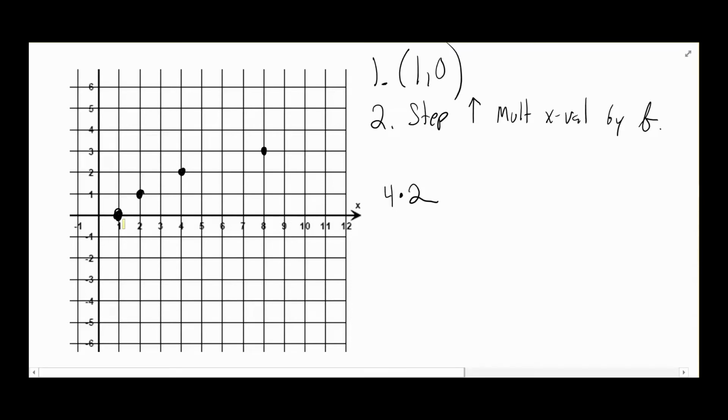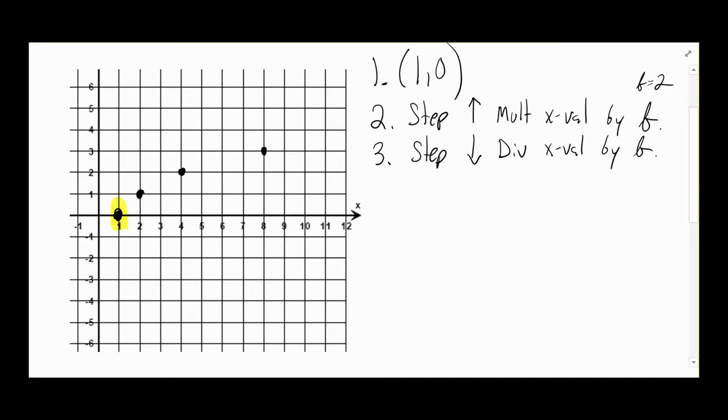But let's come back over here to this value 1, 0. Because then my third step says if you want to take a step down, then divide the x value by the base, which in this case, remember, our base is 2 for this problem.